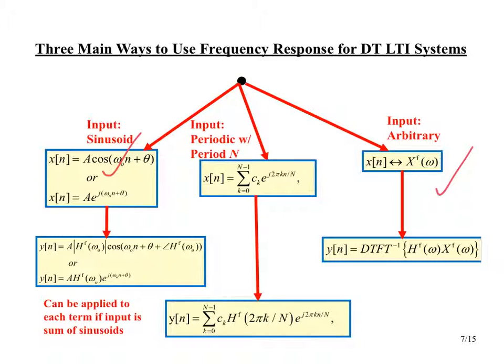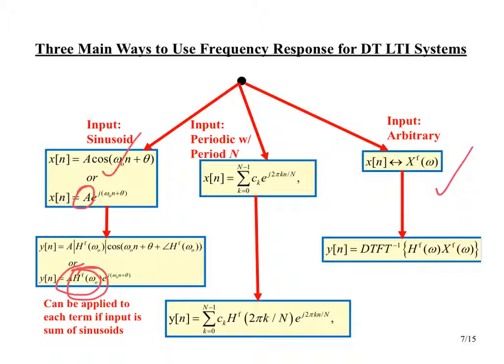And in each case, we're basically just doing the same thing. It looks like perhaps three different kinds of ideas, but it's really the same idea. The amplitude gets modified and the phase gets modified. So the frequency response modifies both amplitude and phase.